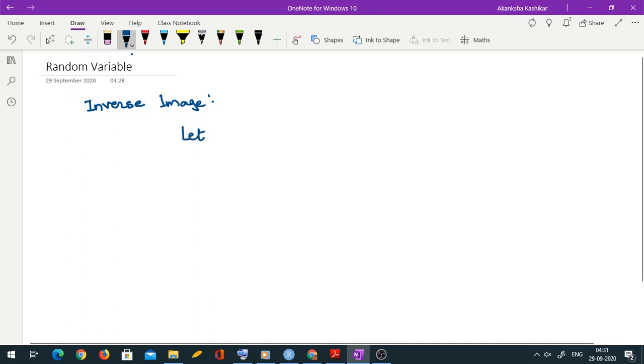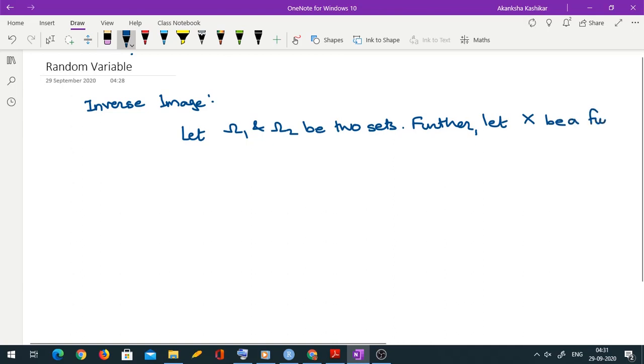Let omega 1 and omega 2 be two sets, like two sample spaces or something like that. Further, let X be a function defined from omega 1 to omega 2.